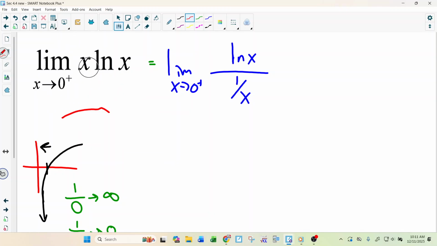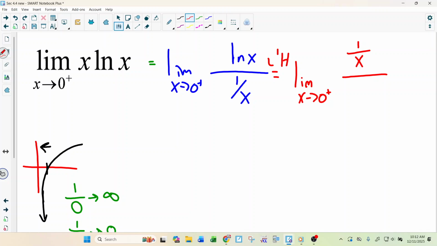This is why we write the little LH when we do L'Hopital's rule, because we just did the first step and we didn't do L'Hopital's rule. We just did some algebra, right? Now, when we do L'Hopital's rule, we write LH to say, hey, we're doing L'Hopital's rule, we're taking derivatives. The derivative of natural log is 1 over x.